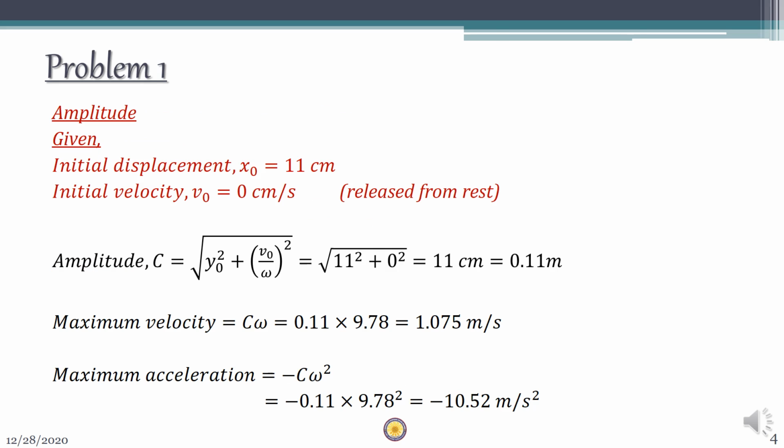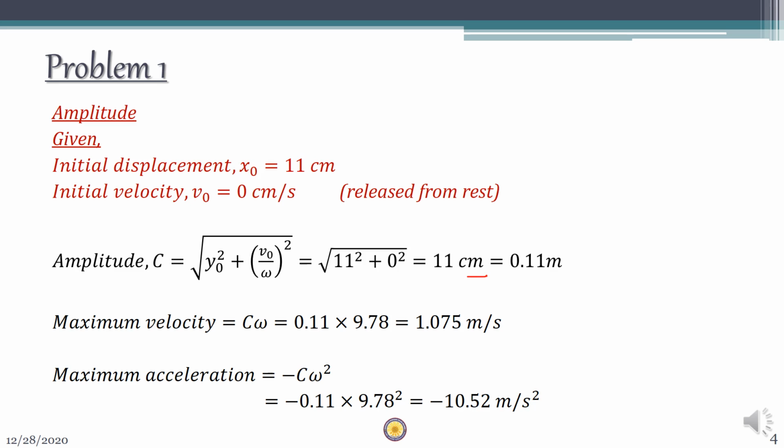Next we have to find the amplitude. Amplitude c is the square root of a square plus b square, where a is equal to y0 and b is equal to v0 by omega. Here v0 is 0 and y0 is 11 centimeter. Substituting, we have c is equal to 11 centimeter.